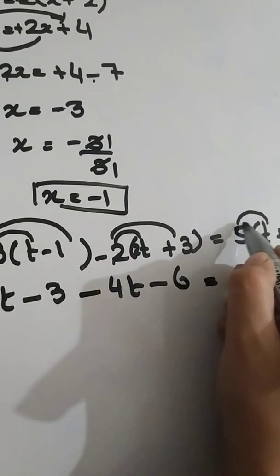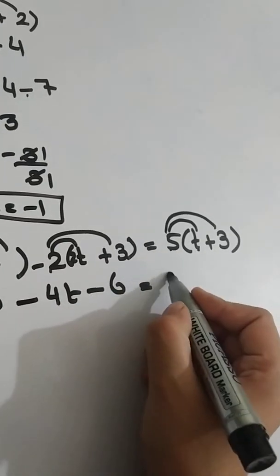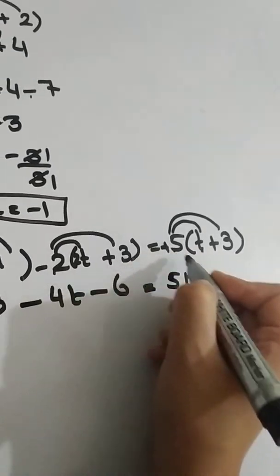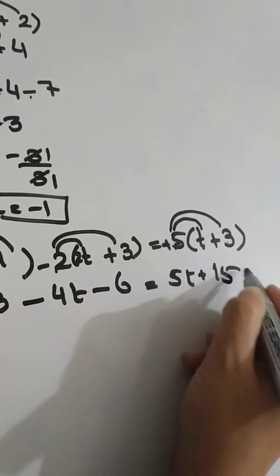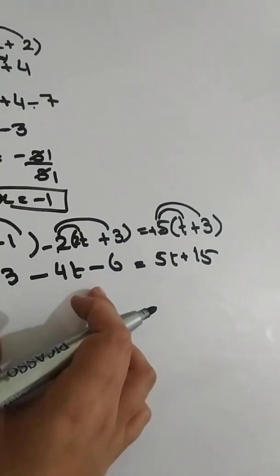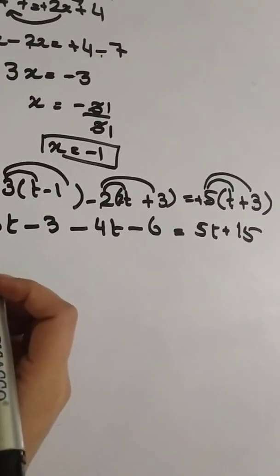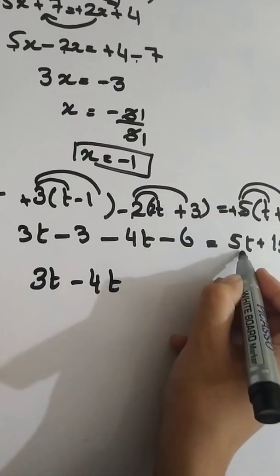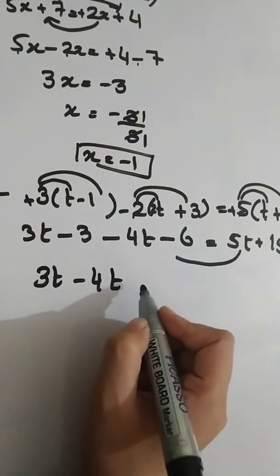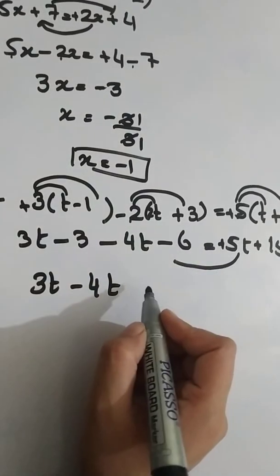Now multiply 5 with both terms in the bracket. 5t plus plus plus, 5 1s are 5, 5 2s are 10, 5 3s are 15. So take the t term on one side of the equation and constant on the other side. So 3t minus 4t. This 5t will come on this side of the equation; as its sign is not mentioned, the plus sign will come with the 5t.